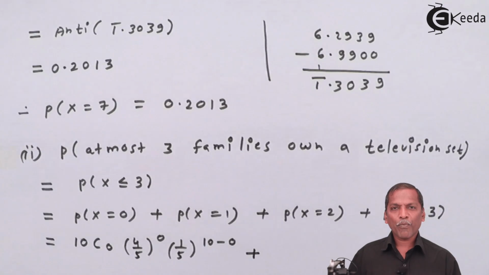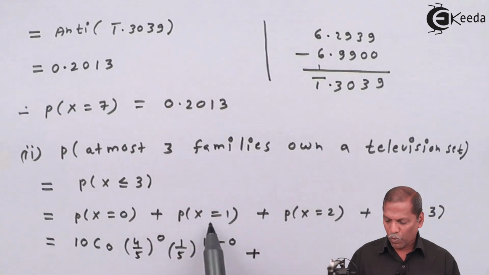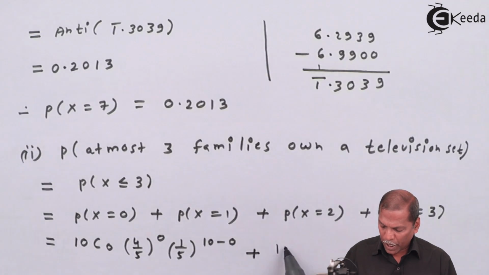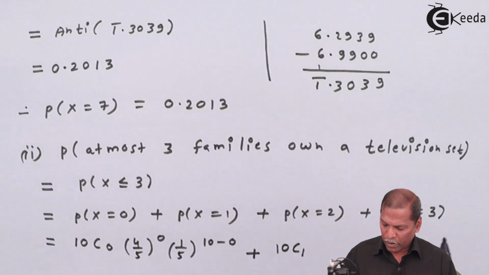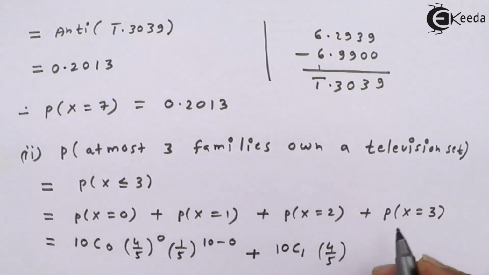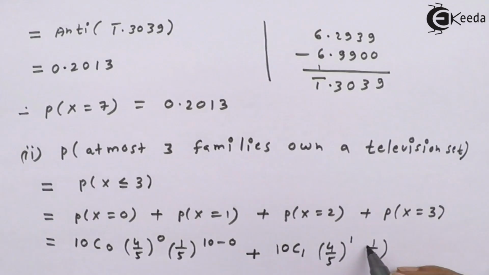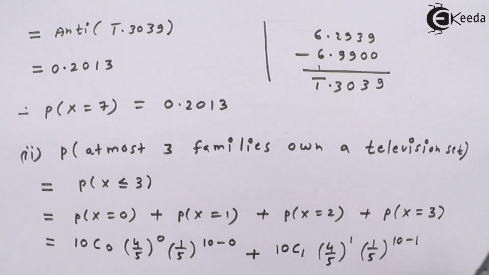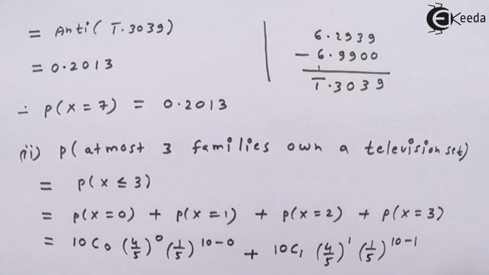Now we find probability x equal to 1. So that is 10C1 into 4 upon 5 raised to 1 into 1 upon 5 raised to 10 minus 1, plus.